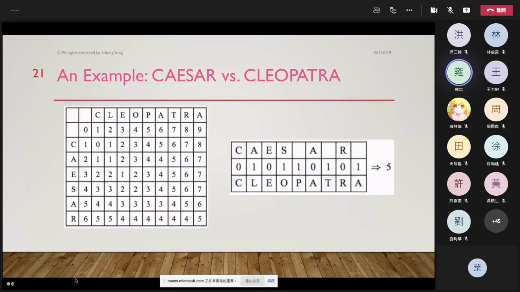We list the characters in Caesar vertically as the first column, and the characters in Cleopatra horizontally as the first row, and we leave the first row and first column blank.